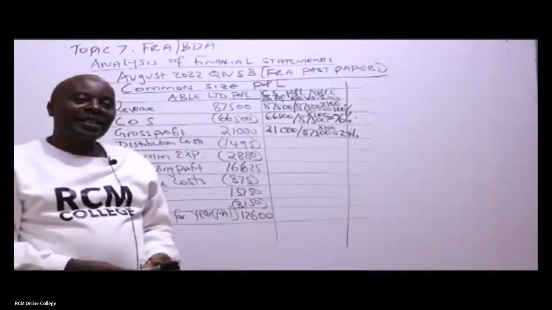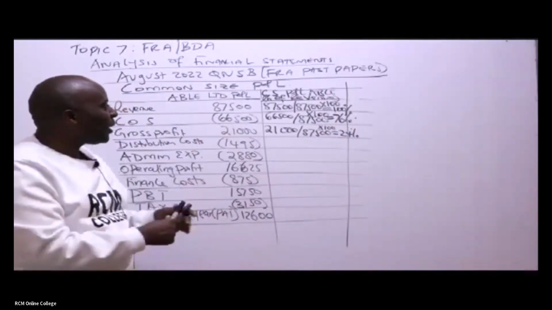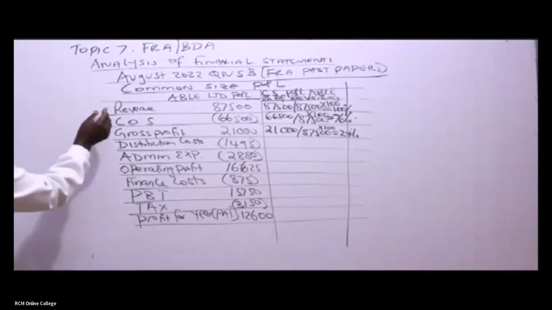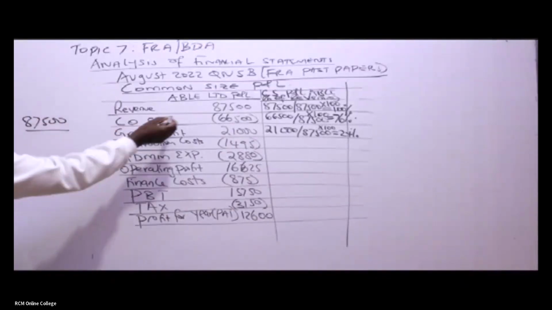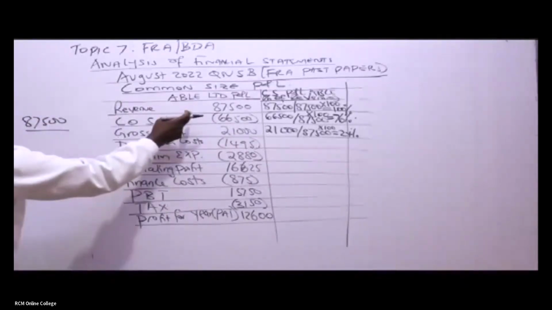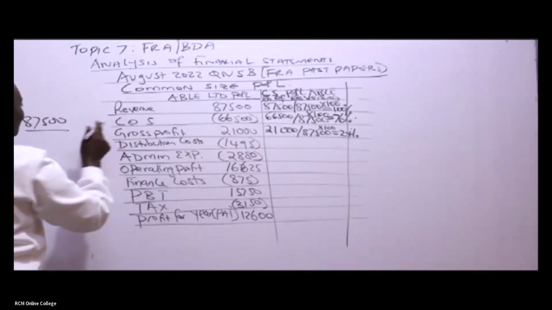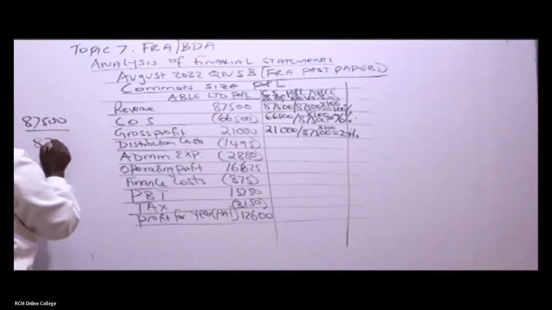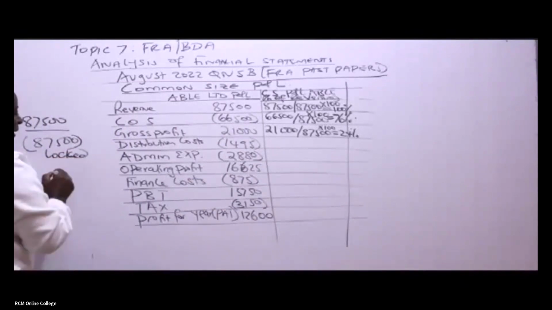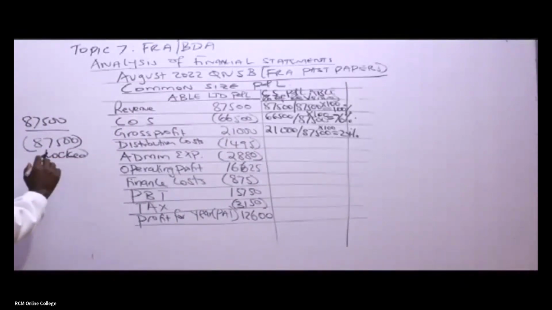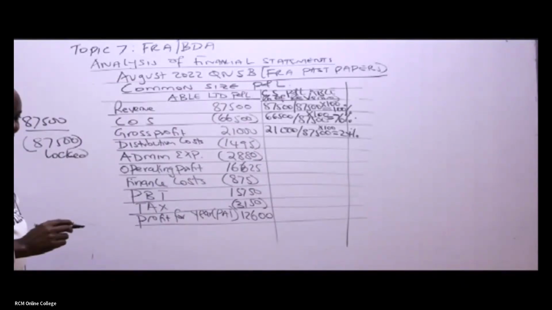As a BDA student, you'll take the first one, 7,500, and divide by this 87,500 cell. But this number now has to be locked. It has to be dollarized.